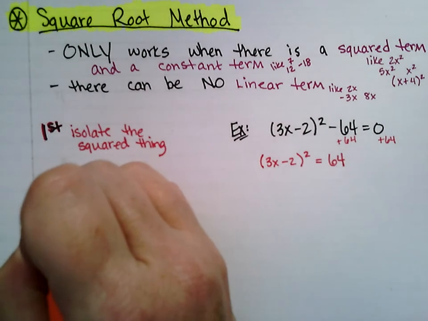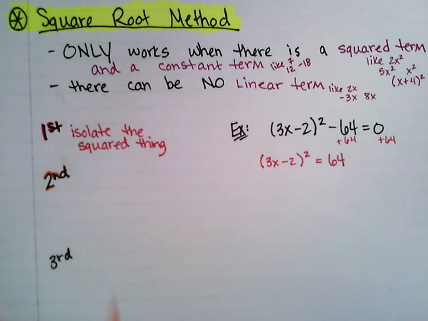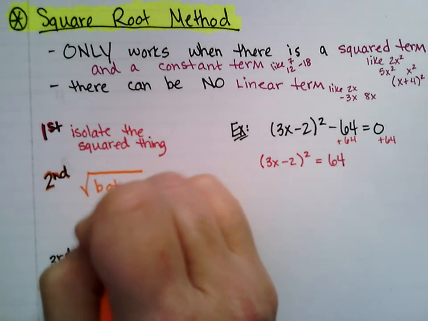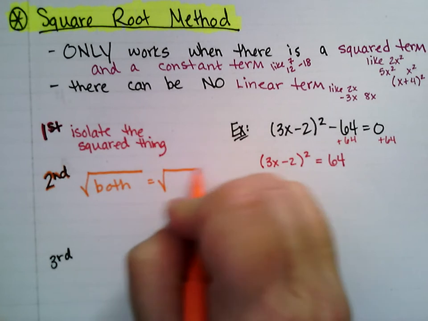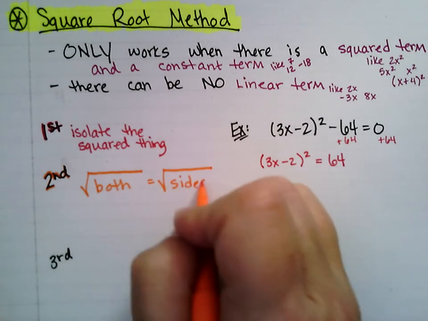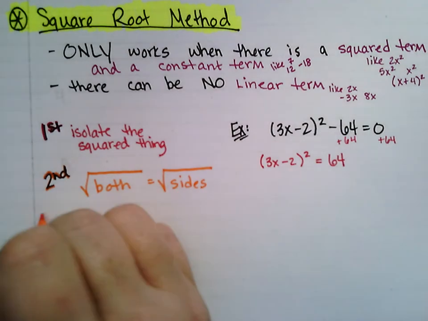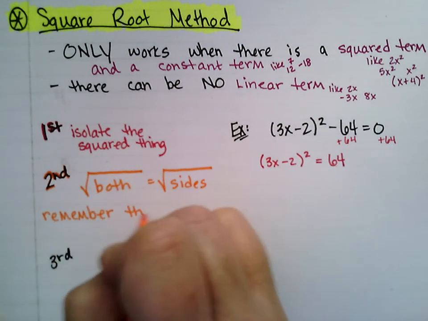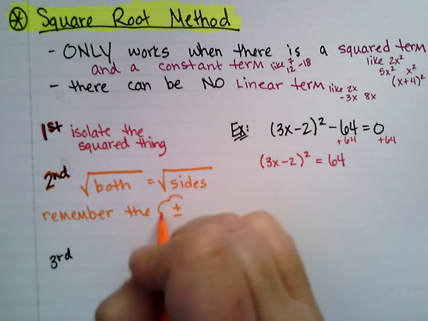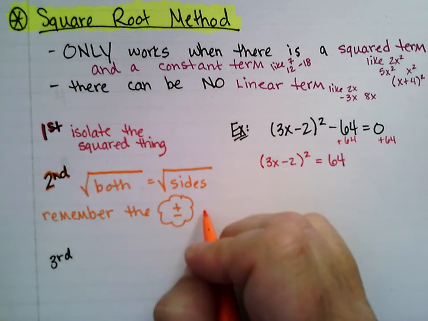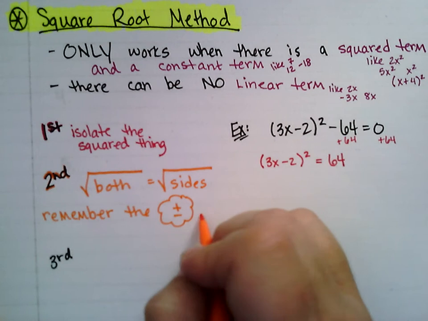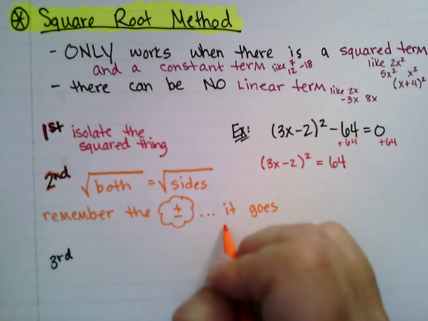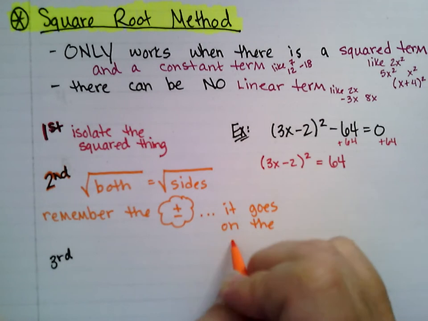The second thing we're going to do is take the square root of both sides of that equation. When you do that, you need to remember to put the plus or minus, and here's a hint, it goes on the constant.